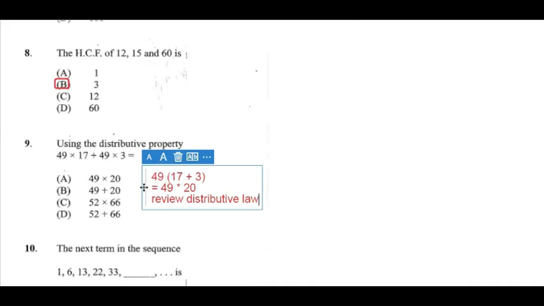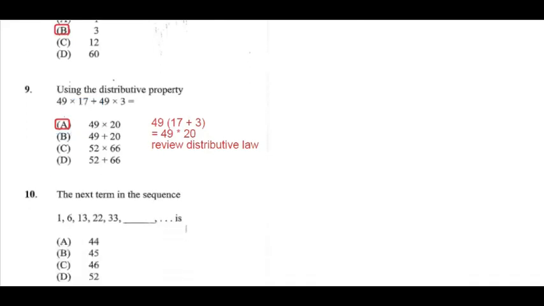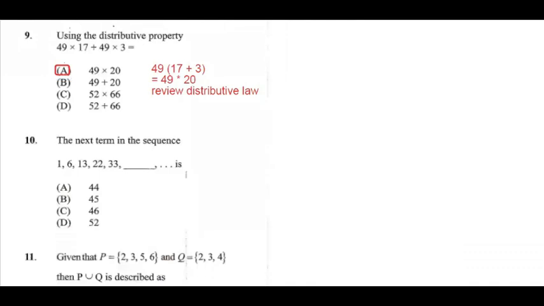If I expand this bracket right here, you will realize that you get back the 49 times 17 plus the 49 times 3, and when you add the 17 plus 3 it results in 20. So it is the same as 49 times 20. So therefore the answer for number 9 is A. So remember, guys, to review the distributive law so that you can be comfortable with it before entering the exam.